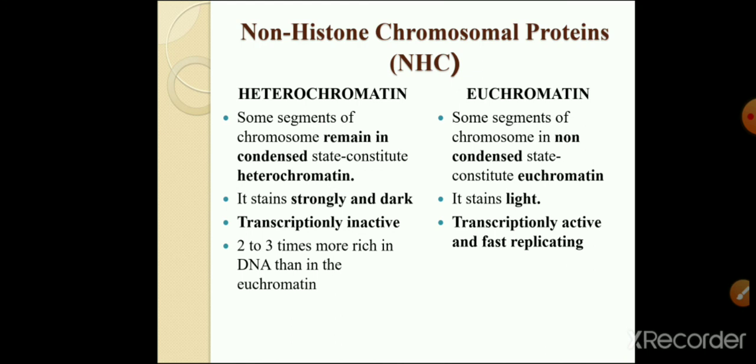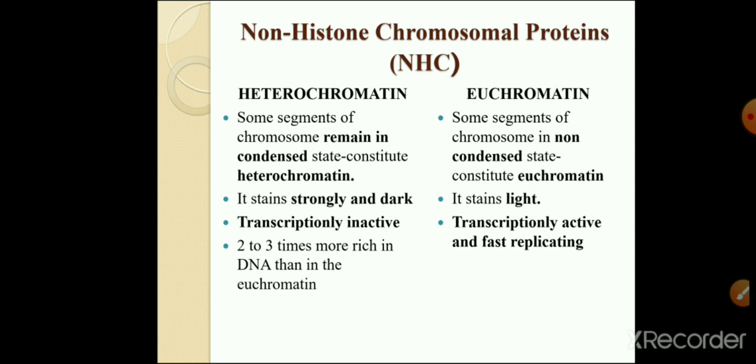This term was proposed by H. These regions are localized near centromere, telomere, and are also intercalated. It is genetically mostly inactive. It stains strongly and appears dark. Heterochromatin is 2 to 3 times richer in DNA than euchromatin.